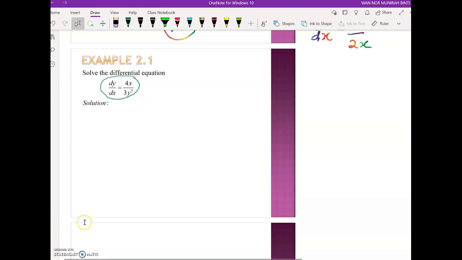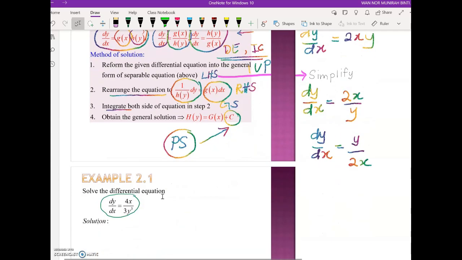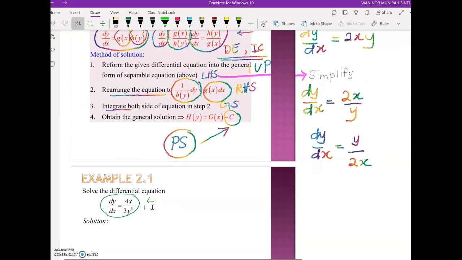This question looks easy because we automatically know that this is a separable equation, in the form of dy/dx equals g(x) over h(y). The steps tell us that when you have a separable equation, you need to rearrange it, bring all the y variables to your left and x variables to your right, and then integrate both sides. Then you have a general solution.